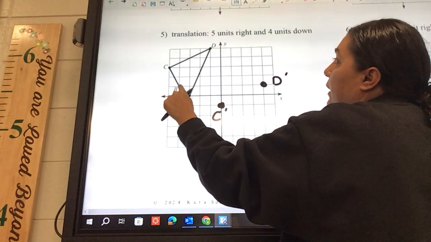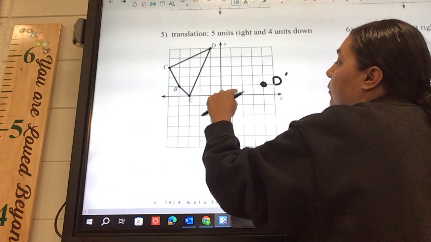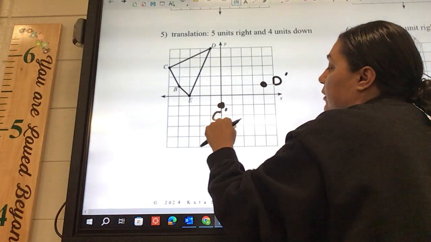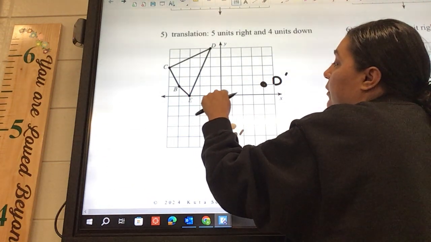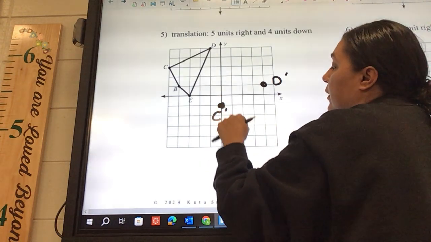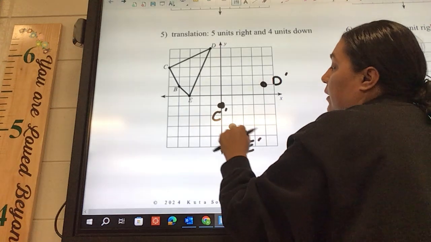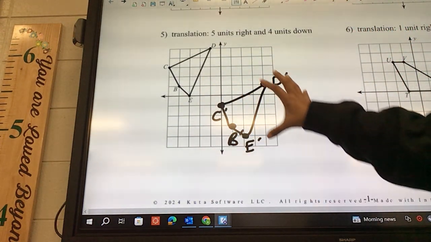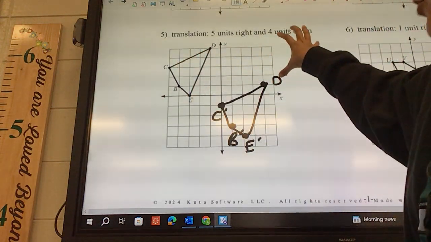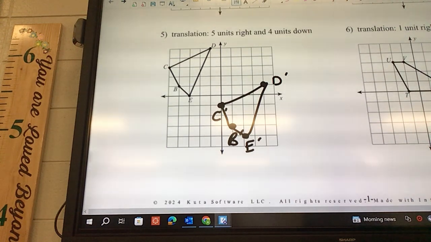Okay, B, we're going to go to the right 5 and down 4. This is going to be my B prime. And E is going to go right 5, down 4. So this is going to be my E prime. Okay, so you can see that this is exactly the same shape. I just shifted it over and then down. Okay? So those are all translations.